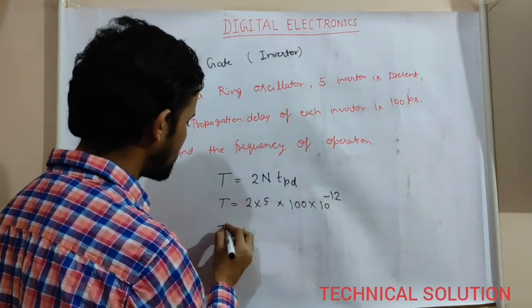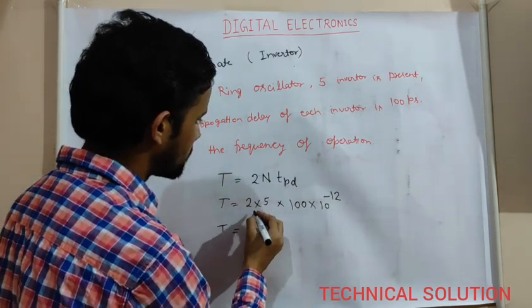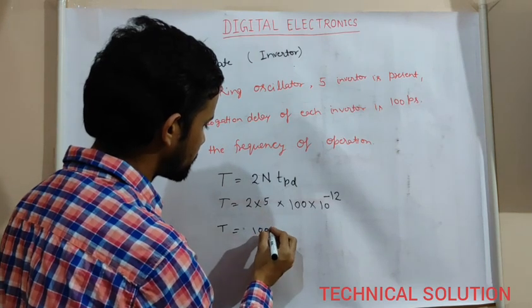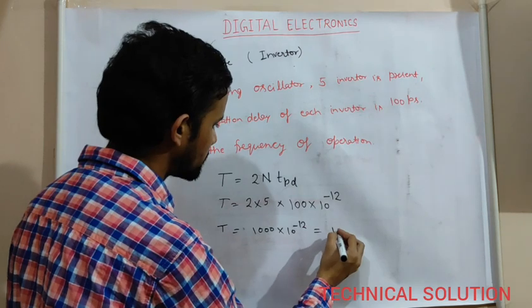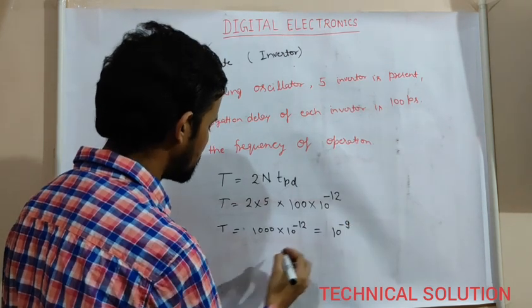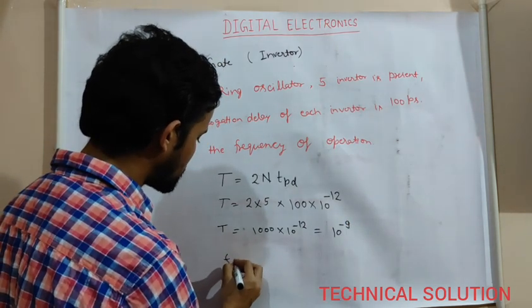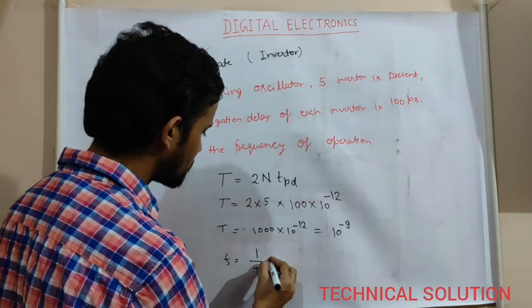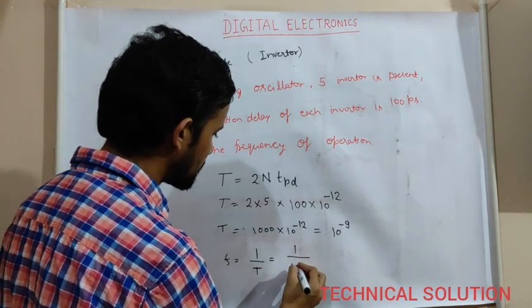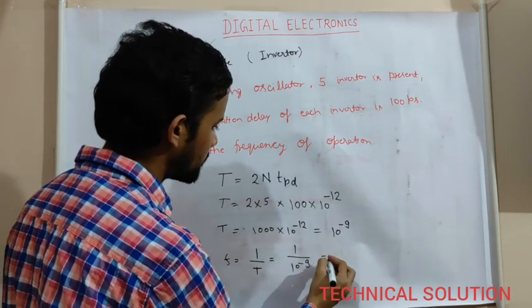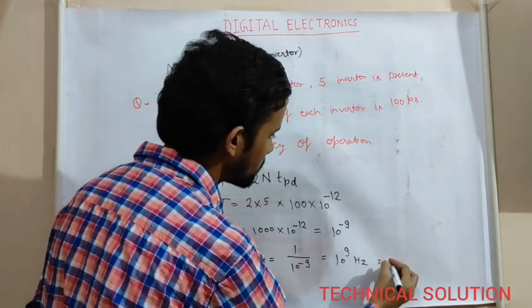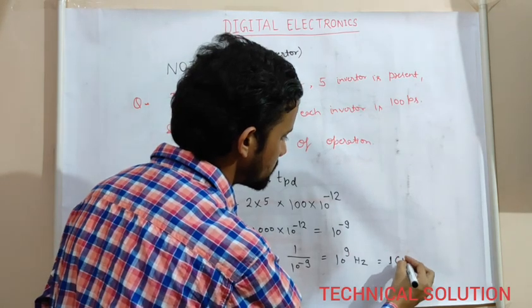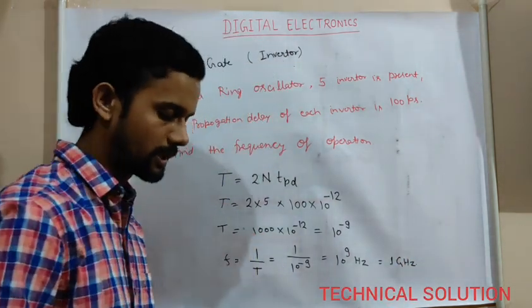We get time period as 10 into 100, which is 1000, times 10 to the power minus 12, so we get 10 to the power minus 9. We know that frequency equals 1 by T, so 1 upon 10 to the power minus 9, we get 10 to the power 9 hertz, or 1 gigahertz. We get the frequency of operation as 1 gigahertz.